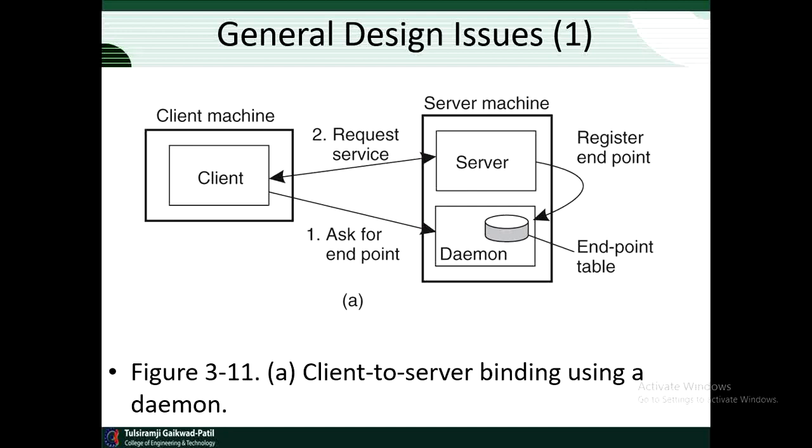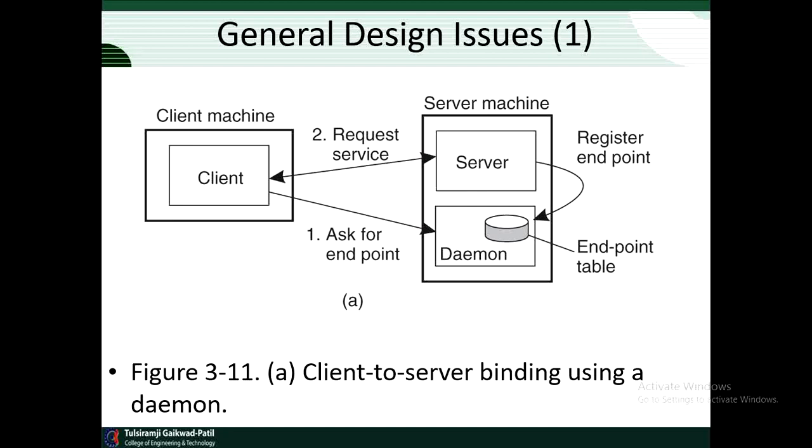In that case, the client will first have to look up the endpoint. One solution is to have a special daemon running on each machine that runs servers. The daemon keeps track of the current endpoint of each service implemented by a co-located server. The daemon itself listens to a well-known endpoint.